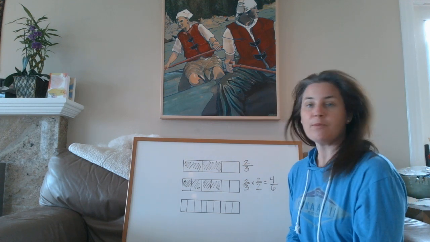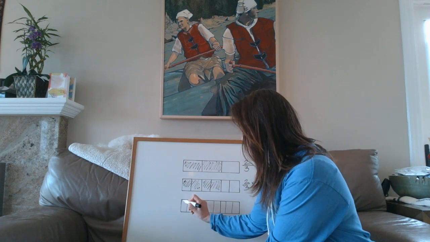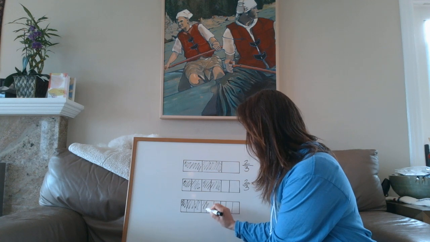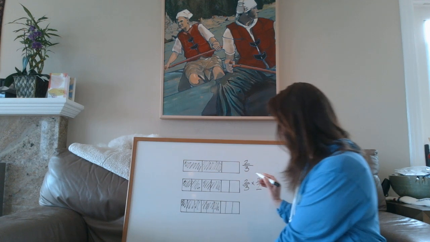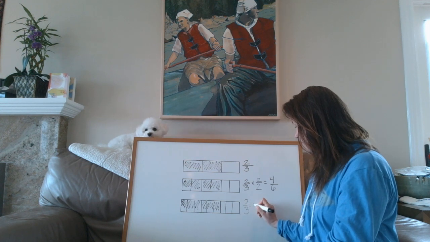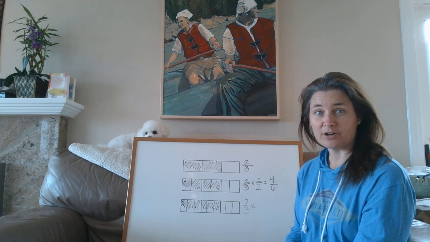Okay, so now I want you to think about if I were to have shaded in the 2/3 before, as such, 2/3, but this time I didn't divide them into halves, I divided them into thirds.